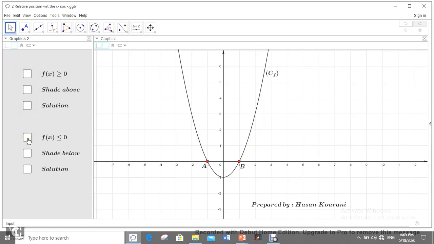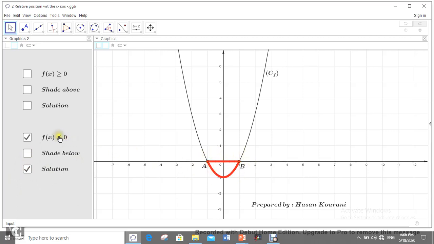Let's see another case, the second case, where f of x less than or equal to 0. As you know, this means the y values are negative, and the parts of the curve that have negative ordinates will be this part, under the x-axis, and the solution will be the abscissas of these points, from -1 till +1, closed here.